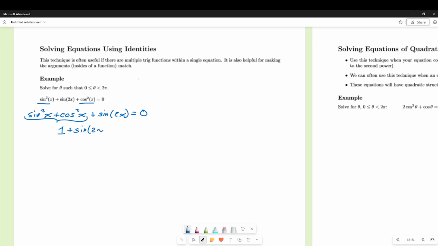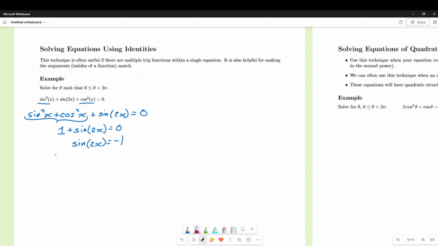That gets rid of all that troublesome other squared trig functions and gives us a nicer thing that we can solve. We could still turn this sine 2x into 2 sine x cosine x, but as we said before, this is a nice, single trig function, and we want single trig functions for our solving if we can get them. So I'm going to keep that and just isolate it.